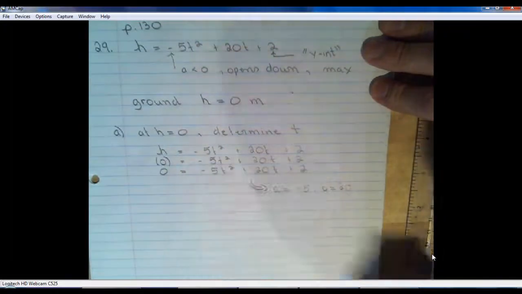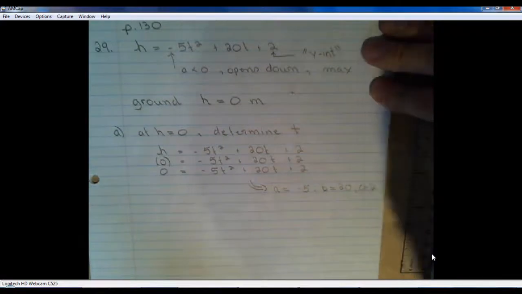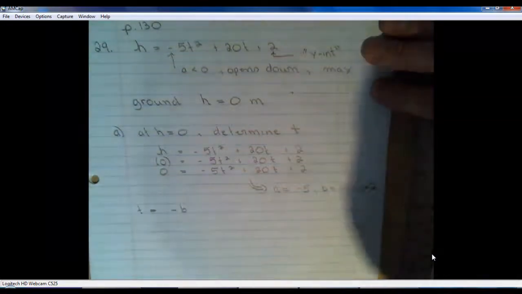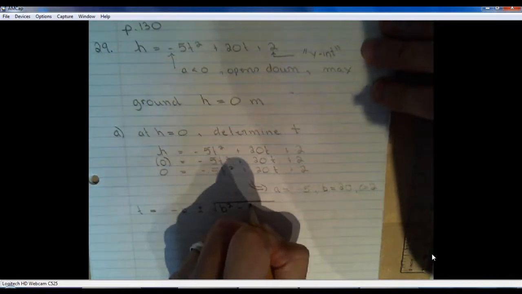B would be 20, the value in front of the t variable, and then c is 2. In this case, this quadratic has a variable of t, so we use t for time as opposed to x. Remember, in this question, our x variable is time and our y variable is height. So writing out the quadratic formula.